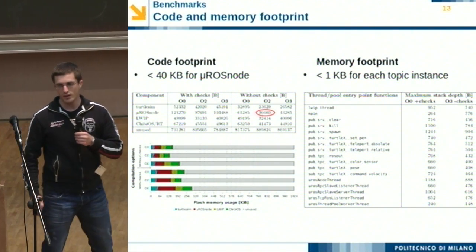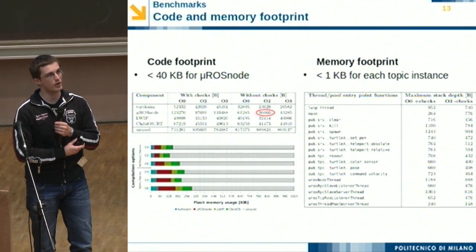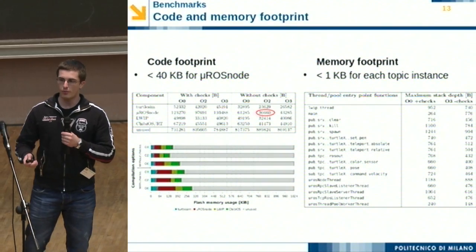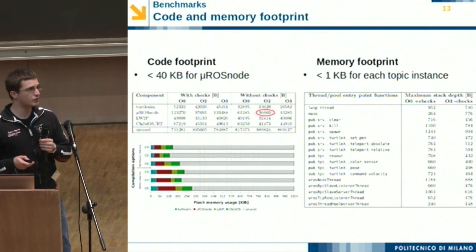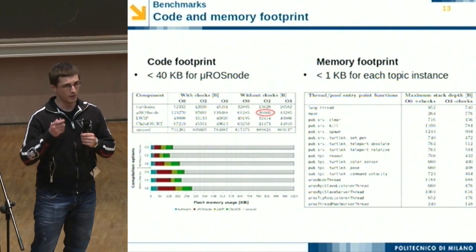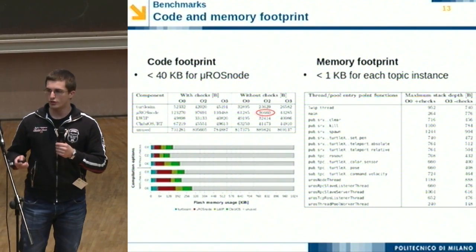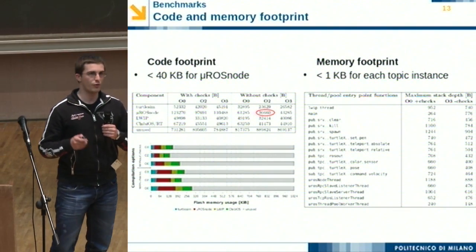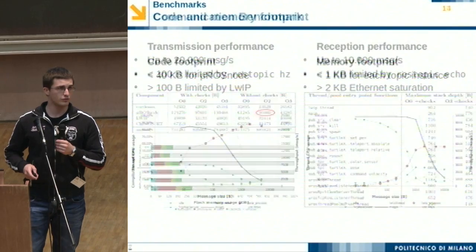In the best case, we found that the microROS node requires less than 40 kilobytes of program memory. And on the RAM side, we have proved that topics and services, which are handled by isolated threads, require less than 1 kilobyte each, which means that we can allocate even tens of communication channels at a time, even on such a platform.